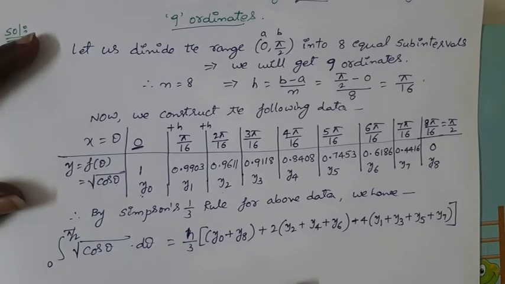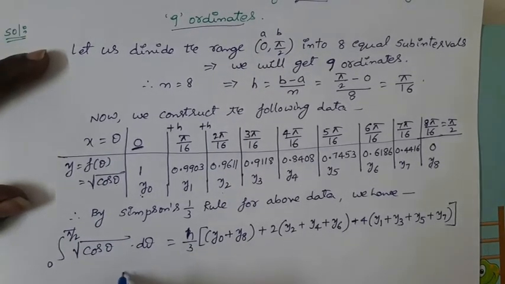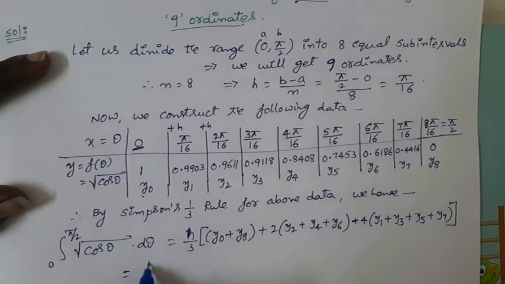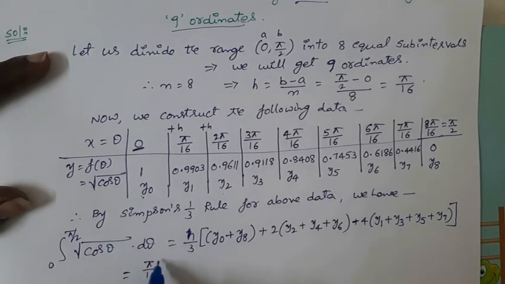Now substitute the values carefully. What is the h value? Pi by 16, divided by 3. You can also write it as pi by 3 into 16, or 48. No problem at all.